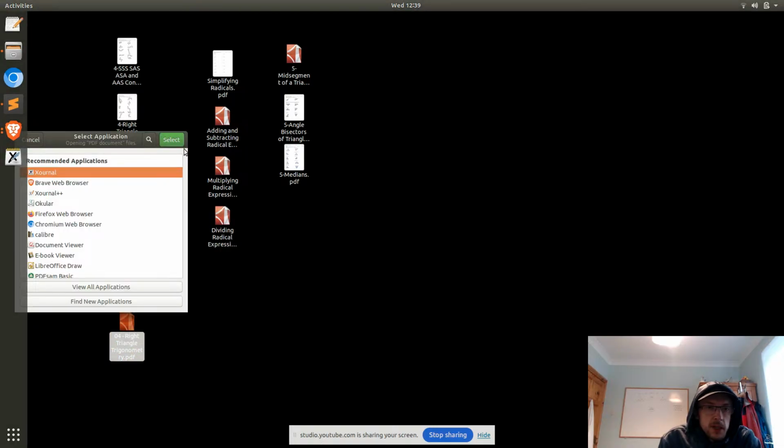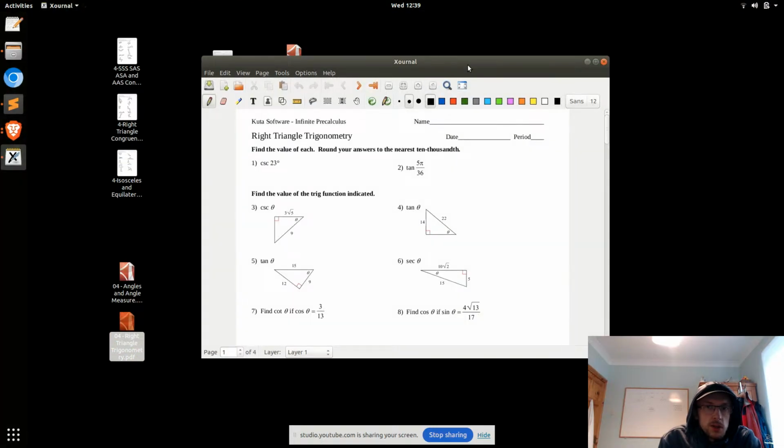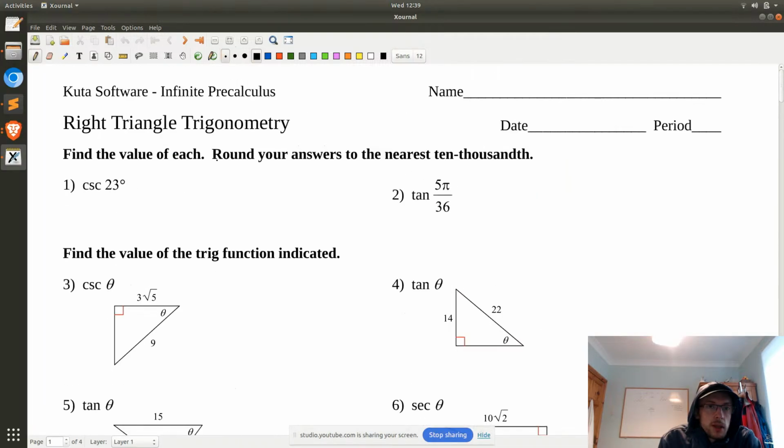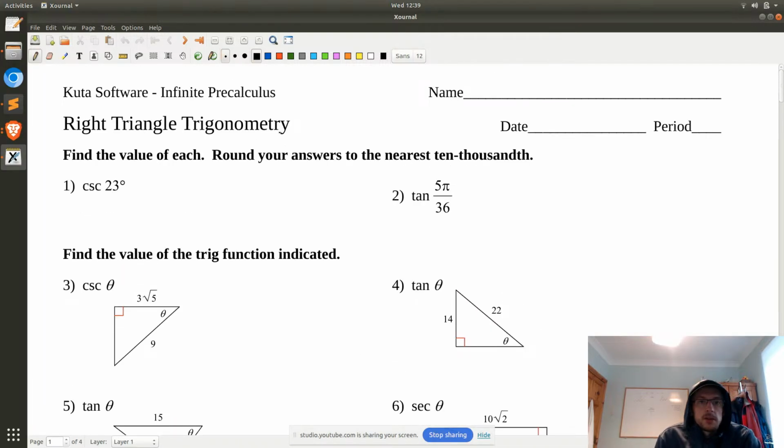Next up, some right triangle trigonometry. So I must get my calculator ready for such a task.